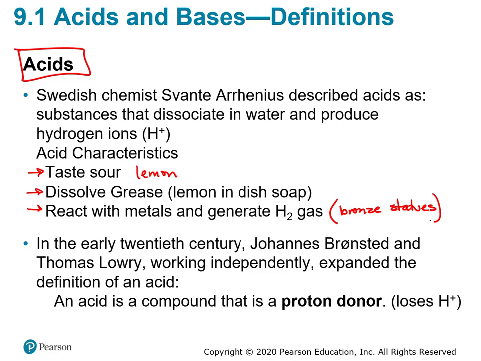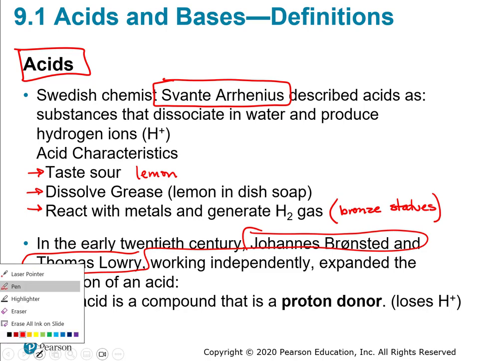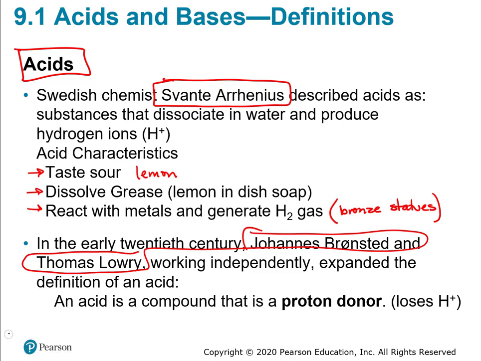So Bronsted and Lowry, there's two guys. First, there was Arrhenius, and then these two guys. They both looked at acids and bases and were trying to describe, okay, what does an acid do? So Arrhenius said, acids, when you put them in water, produce hydrogen ions.